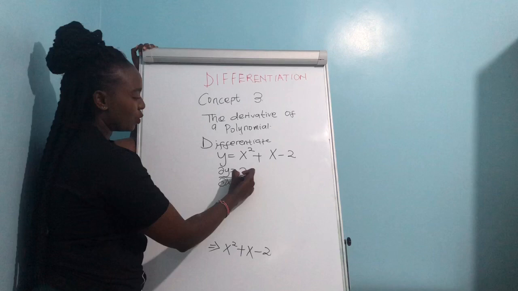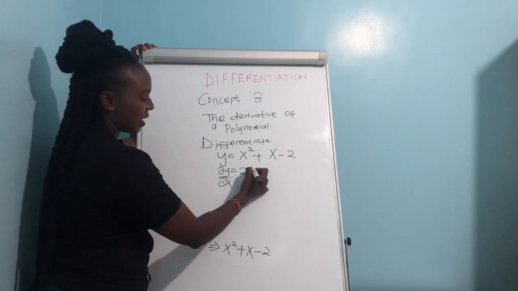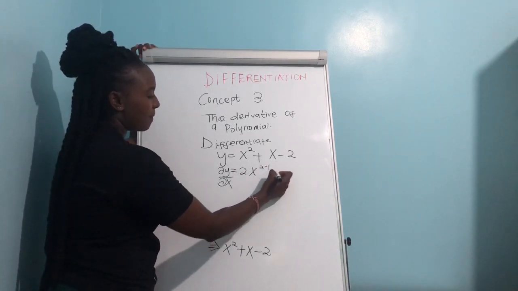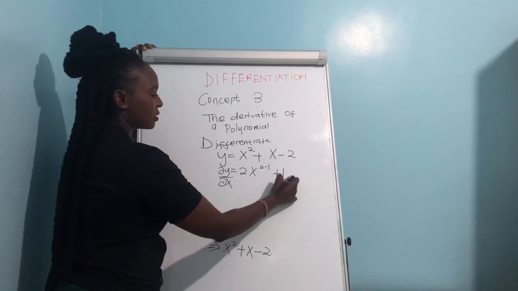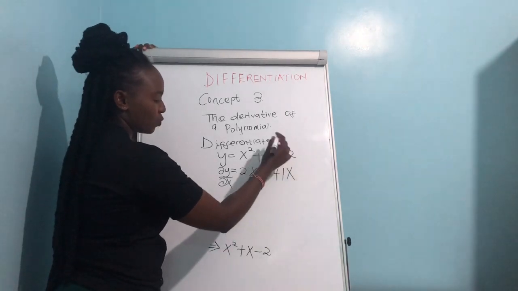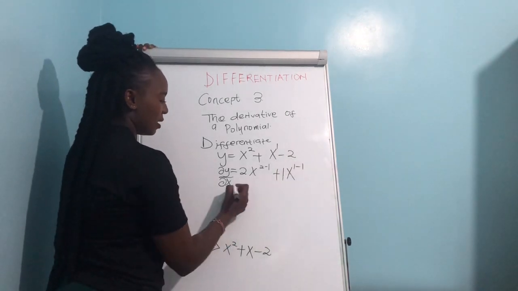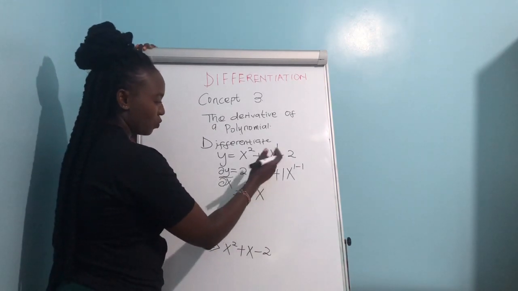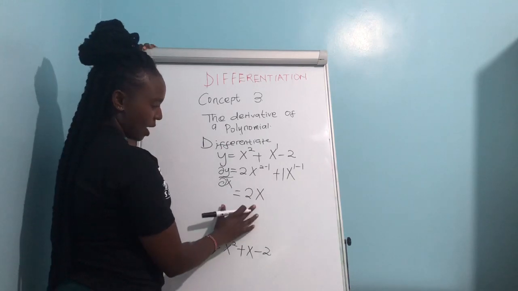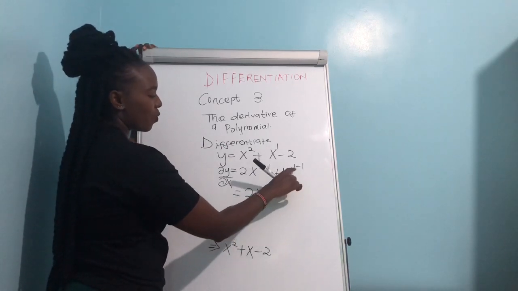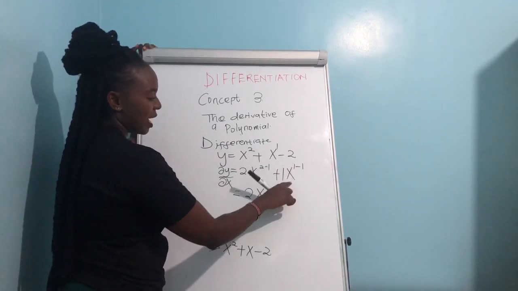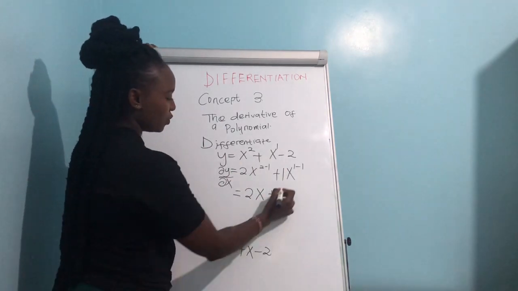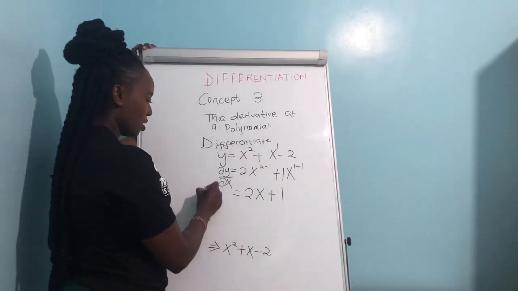You bring 2 to the front, x^(2-1), plus, for x it is 1, because here it's raised to 1, x^(1-1). So this becomes 2x^1, 2 minus 1 is 1, plus 1 minus 1, 0. x raised to 0 becomes 1. So you remain with 1. So this is your answer.